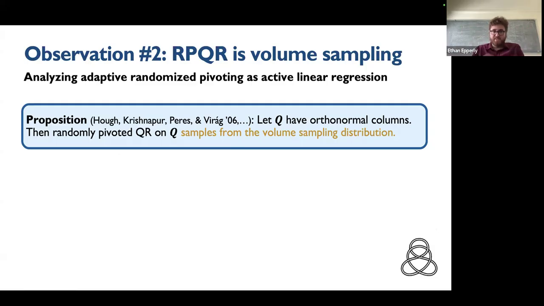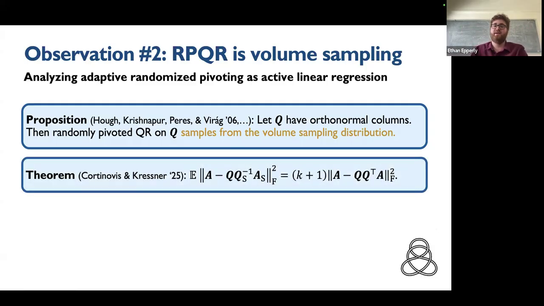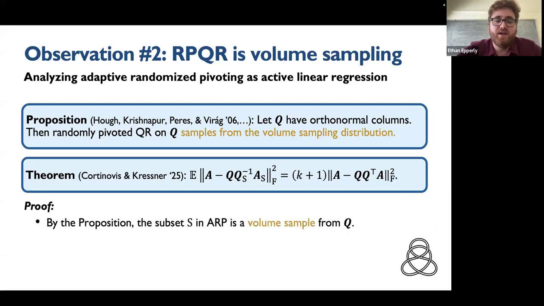All right, so hopefully the pieces are starting to come together. And to put them together, let us now prove Cortinovis and Kressner's main theorem. By this proposition at the top of the slide, we know that the subset S in adaptive randomized pivoting, which is obtained by running randomly pivoted QR on Q, is a sample from the volume sampling distribution on Q.